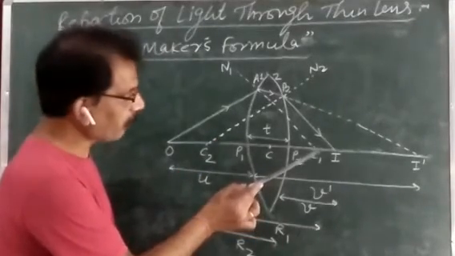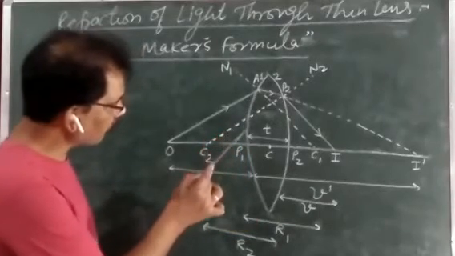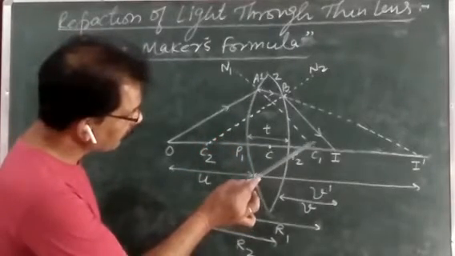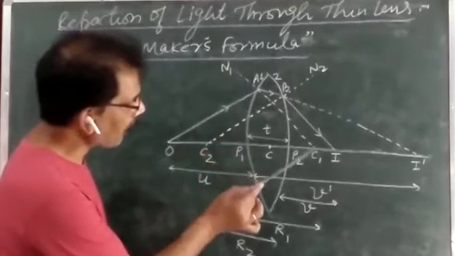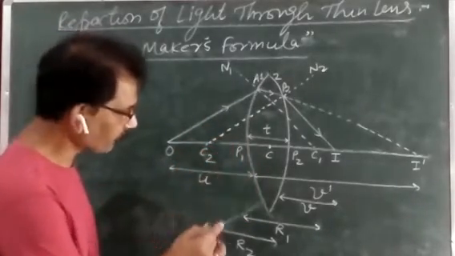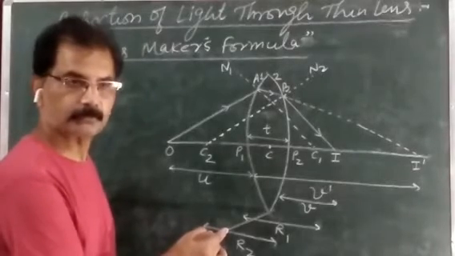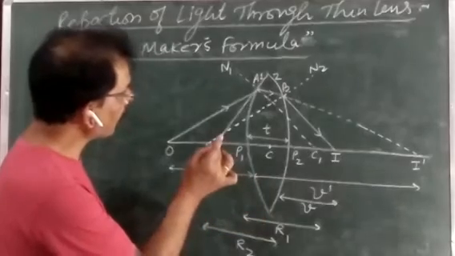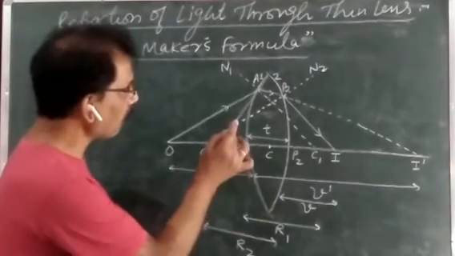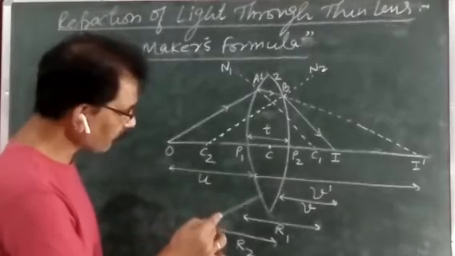When you draw a line on this curved surface from C1, this dotted line will act as the normal on this first spherical surface. It means C1A1 is the normal on the first spherical surface.